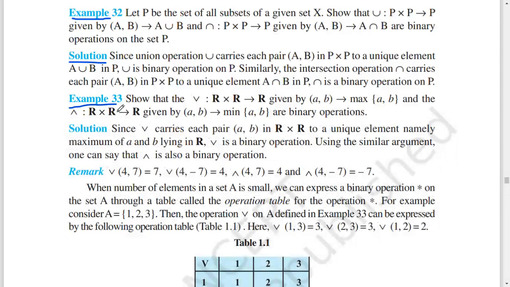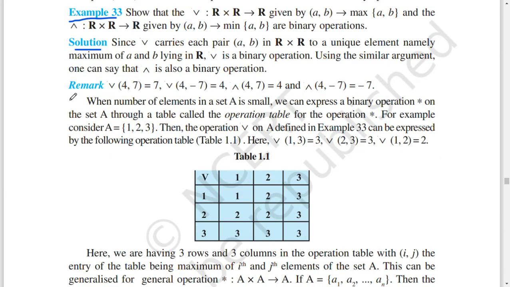Solution: since OR carries each pair (a, b) in R × R to a unique element, namely the maximum of a and b lying in R, OR is a binary operation. Using a similar argument, one can say that AND is also a binary operation. Remark: OR(4, 7) = 7, OR(4, −7) = 4, AND(4, 7) = 4, and AND(4, −7) = −7.